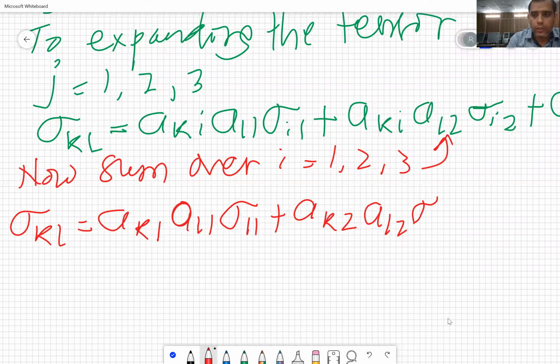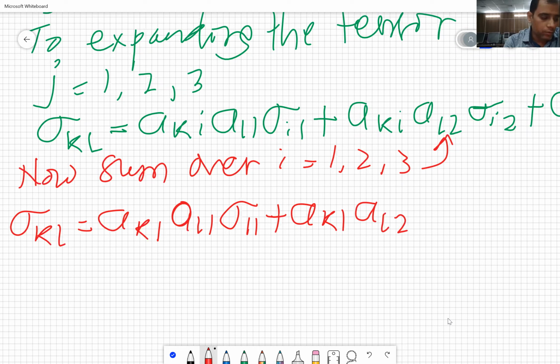Now, just rewriting this equation because it will be easy for you. I am writing in another format. It will be easier for you. Sigma, A K1, A L1, sigma 1, 1. Then again, A K1, A L2.